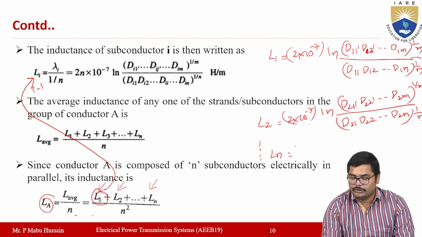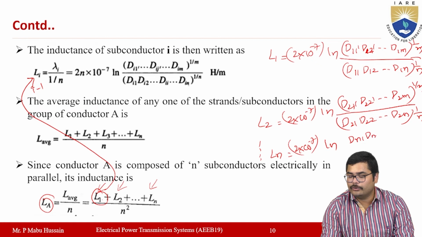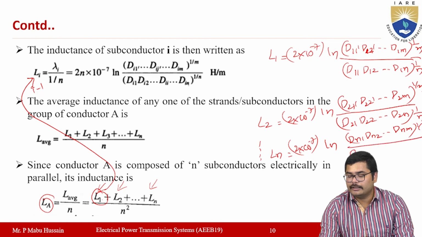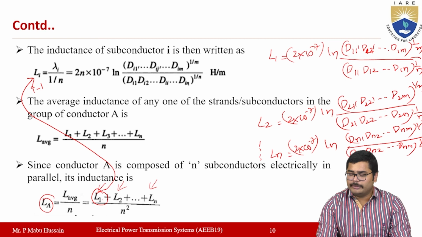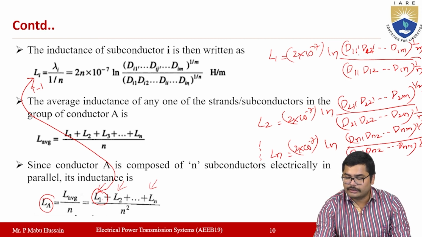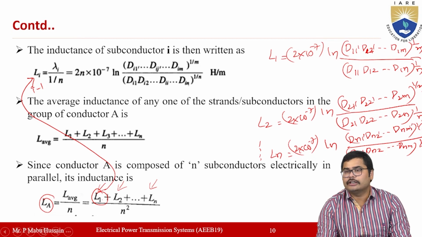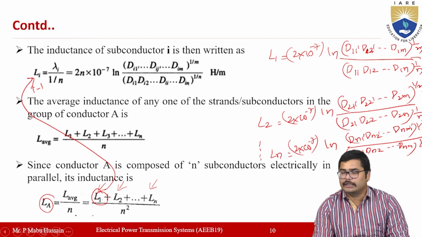So Ln will be 2 into 10 to the power of minus 7 ln of dn1 dash, dn2 dash, up to dnm dash whole to the power of 1 by m, divided by dn1, dn2 up to dnn whole to the power of 1 by n. So in the numerator terms you will have dashes, 1 dash, 2 dash, like that, and in the denominator you consider 1, 2, 3, like that.